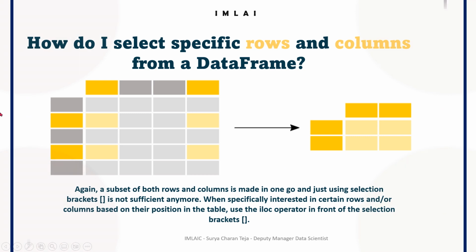So from the 10th row to 25, but only two columns. So rows will be 10 to 25, but columns will be only two. So basically it's 16 times 3.